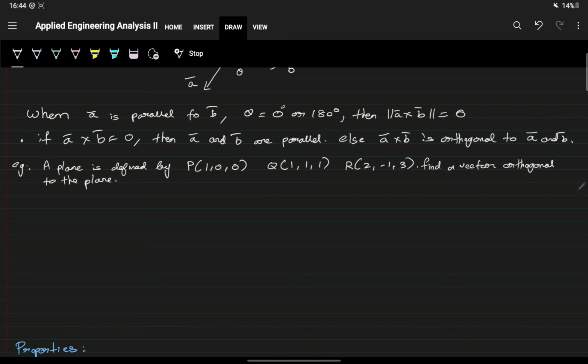So first we need to calculate the vectors for pq, which is given by, and then vector qr, to -1.